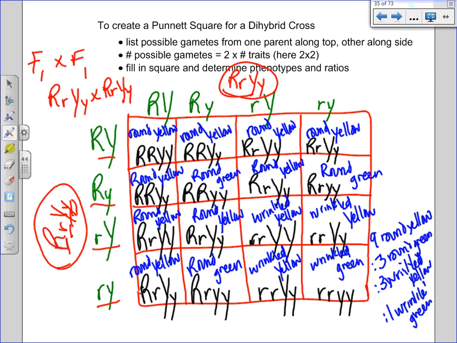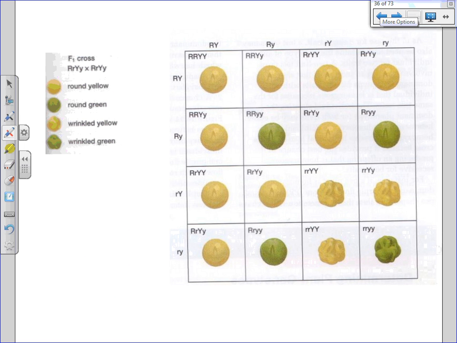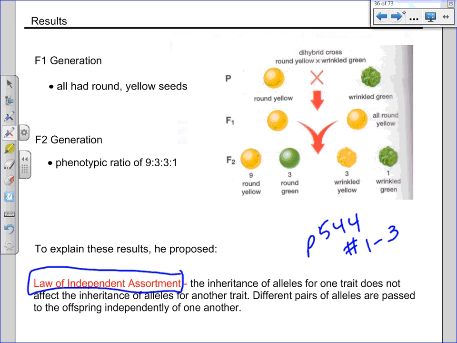What he found every time was a ratio of 9 that show both dominant traits, so 9 round yellow, to 3 round and green, to 3 wrinkled and yellow, to 1 that shows both recessive traits. So that's the phenotypic ratio, 9 to 3 to 3 to 1. That's just showing the picture of the same thing.